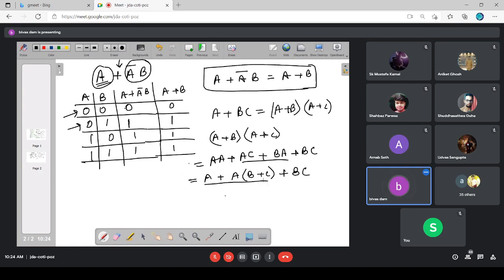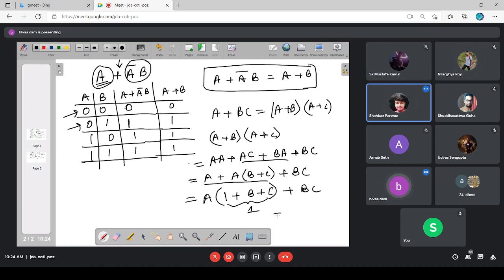Now, from these two, I can take A common. What is this value? 1. So that is nothing but A plus BC. Okay. Is it clear? Yes, sir.